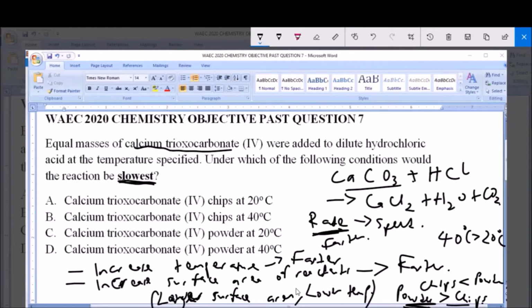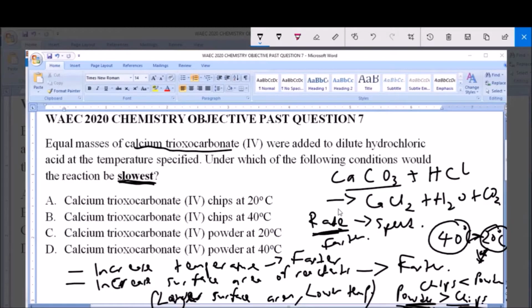So when the reactants are in chips, the surface area is lower than when it is in powder, and when the temperature is 20 degrees Celsius, the reaction proceeds slower because the temperature is lower than 40 degrees Celsius.